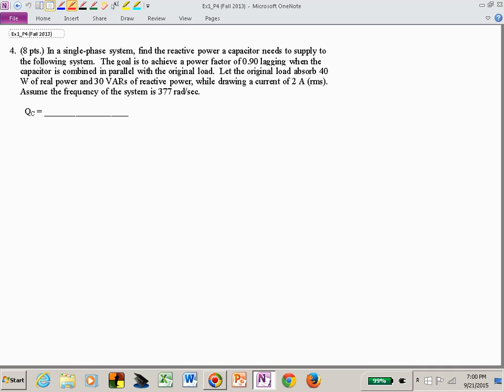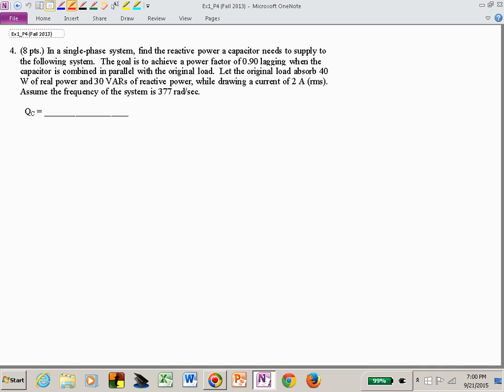This is problem 4 on the same exam. Here, it says a single phase system. So you can throw out all of those square root of 3 power formulas. Now you're just dealing with VI cosine theta as your per phase.